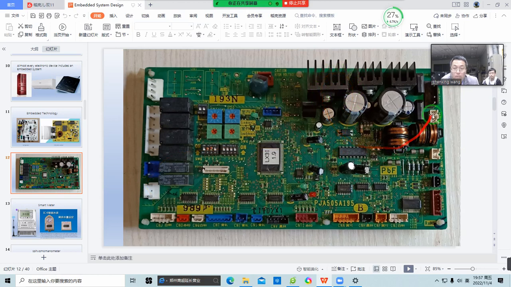Here is the power part. These are MOSFET transistors. These are big capacitors. Why use capacitors? We will learn later. A capacitor is like a pool to stabilize the voltage, to remove some small ripples above the voltage.